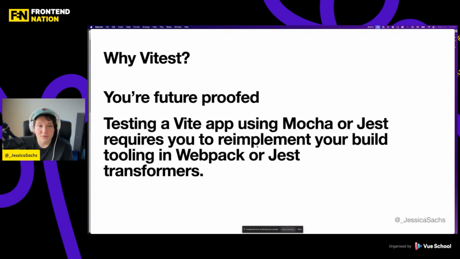Finally, you're future-proofed. Testing a Vite app using Mocha or Jest requires you to re-implement your build tooling in either Webpack, if you're using Mocha and trying to actually give a whole bundle to the browser, or Jest transformers, or if you've ever seen module name mapper, you still do have a huge problem if you're trying to import an SVG. That's something that in your source code you could just write import icon from my SVG.